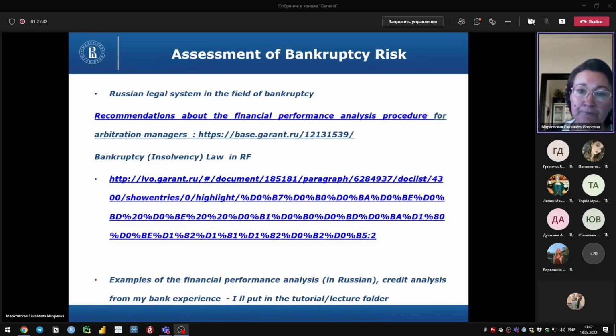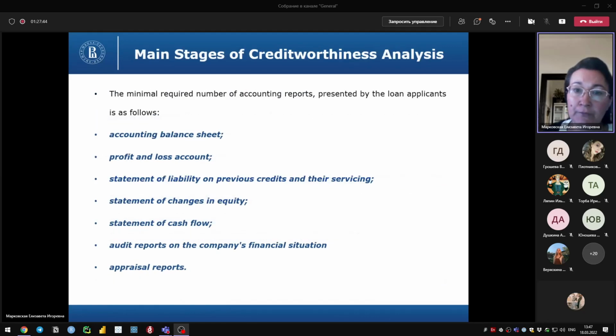And if we are talking about the creditworthiness analysis, this question is always connected with the credit policy of a concrete bank. Credit policy and the methodology of creditworthiness of a certain and concrete bank.